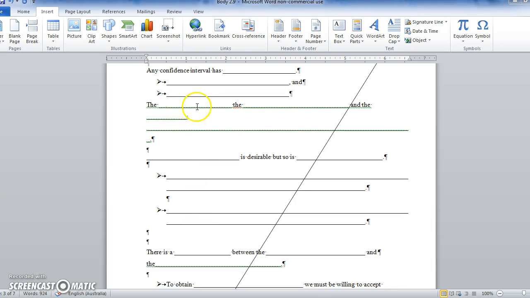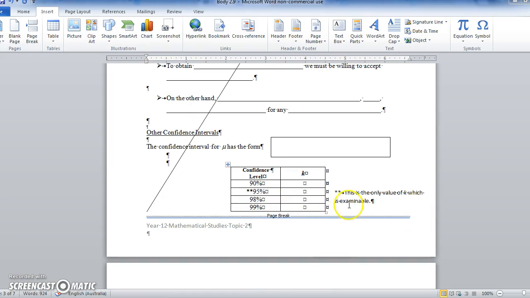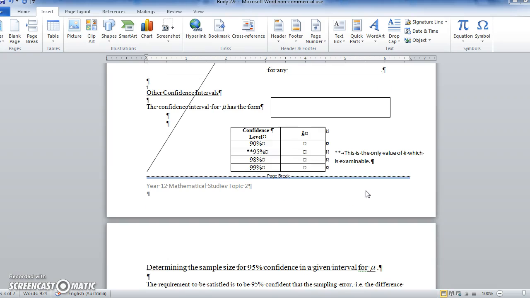This is really what this page goes through. I'm not going to fill it in because I don't think it's that relevant. Just to make the point that 95% is the only value which is examinable, so you'll only ever be asked for a 95% confidence interval.